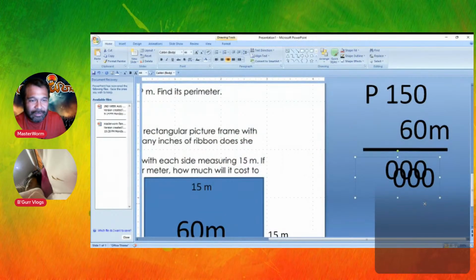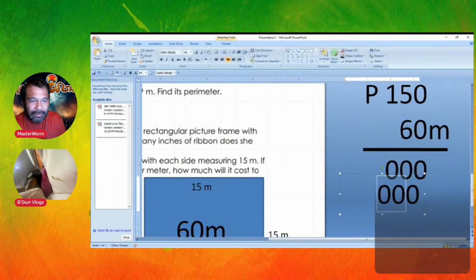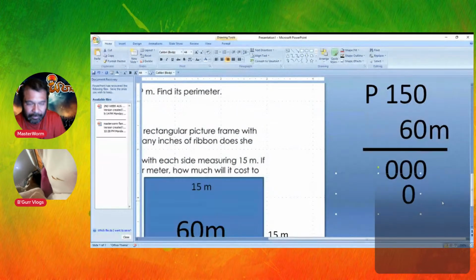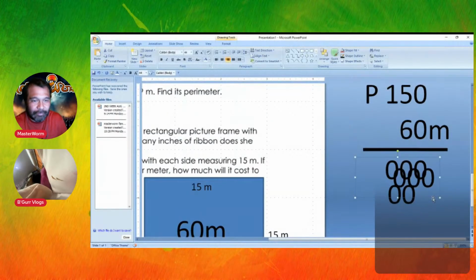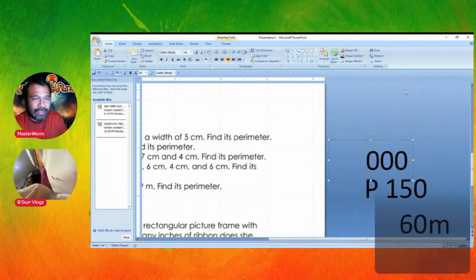Okay, so now we're going to be answering this. So here, bigger. 6 times 0, how much? 0. 6 times 5 is 30. So you add another 0 here, and then carry over 3 on top. Do you get this or no?